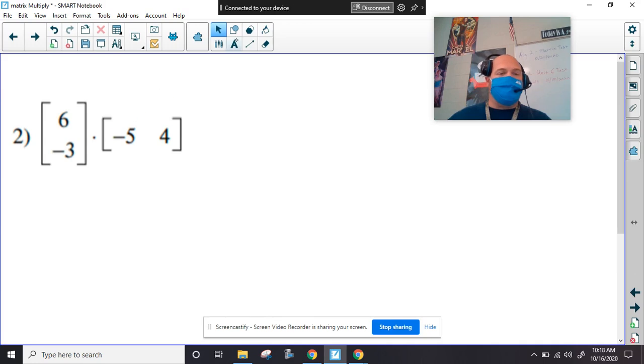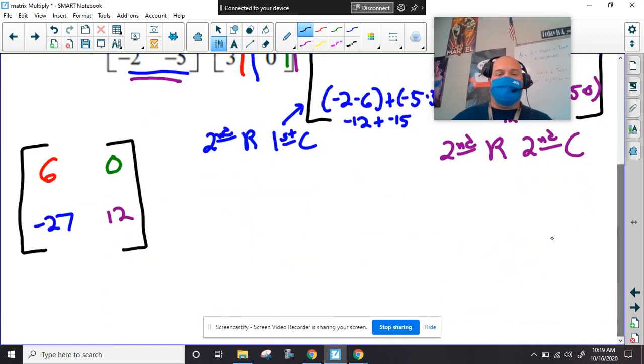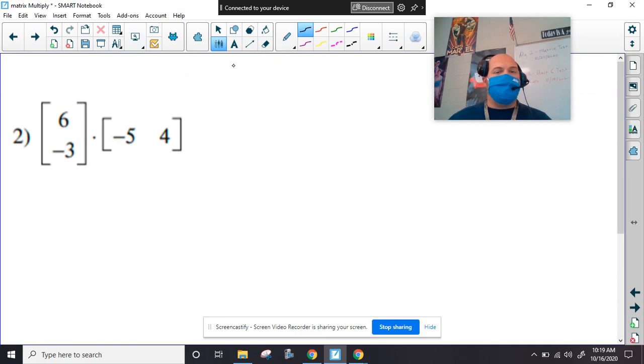All right. So let's look at number 2. This is a 2-row by 1 column and a 1-row by 2 column.